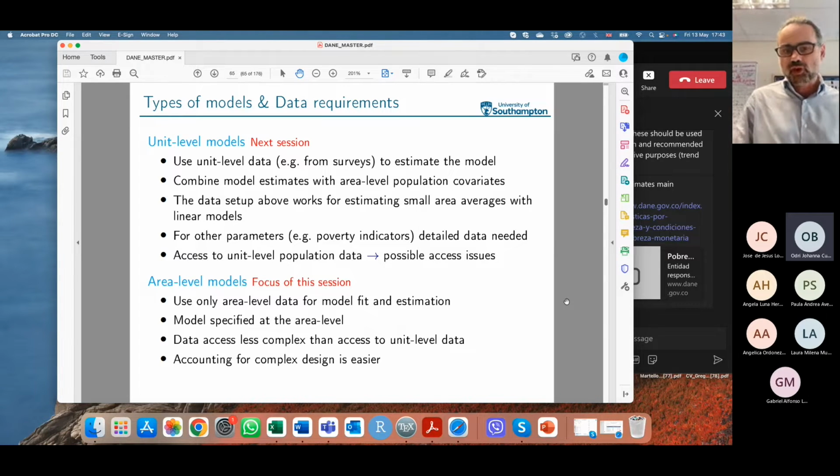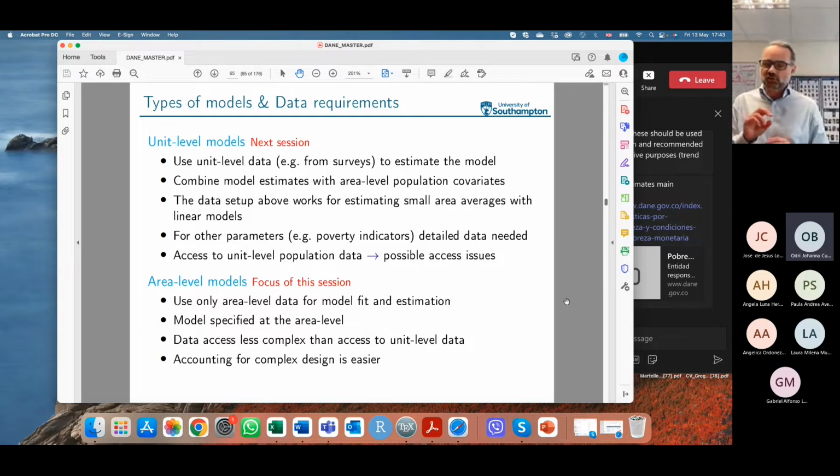The data access is, of course, less complex than access to unit level data. And one advantage, as we will see, is that accounting for a complex sampling design is a bit more straightforward, because effectively what we will be modeling there are direct estimates of what you're trying to measure.